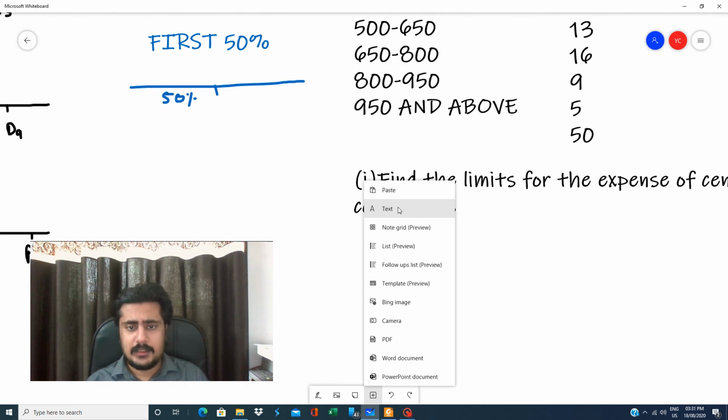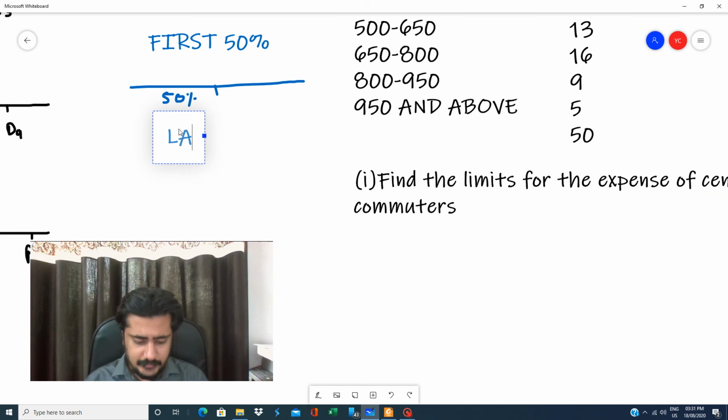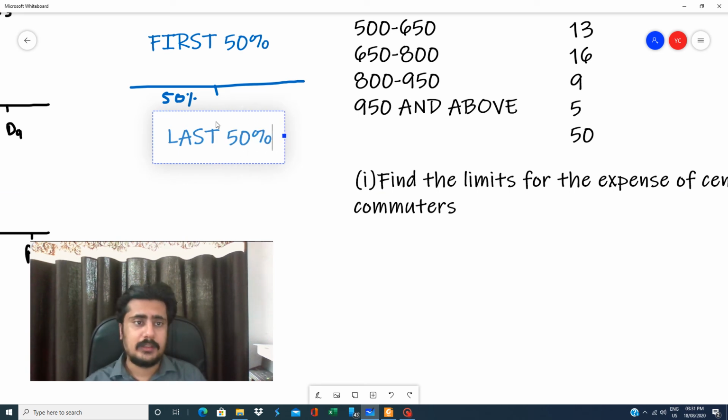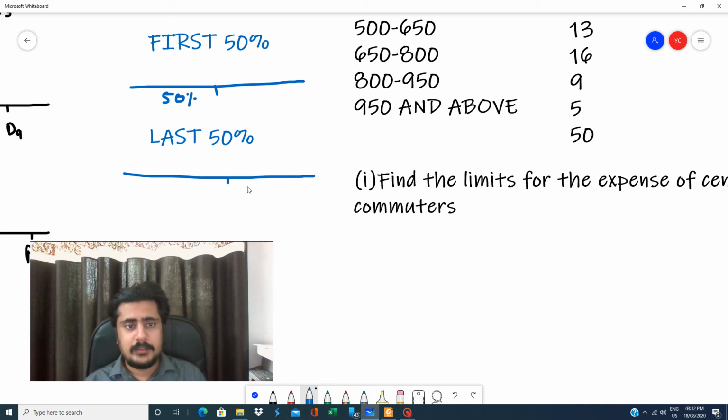If I say it is last 50%, then this is last 50. But they told you that it is central 50.